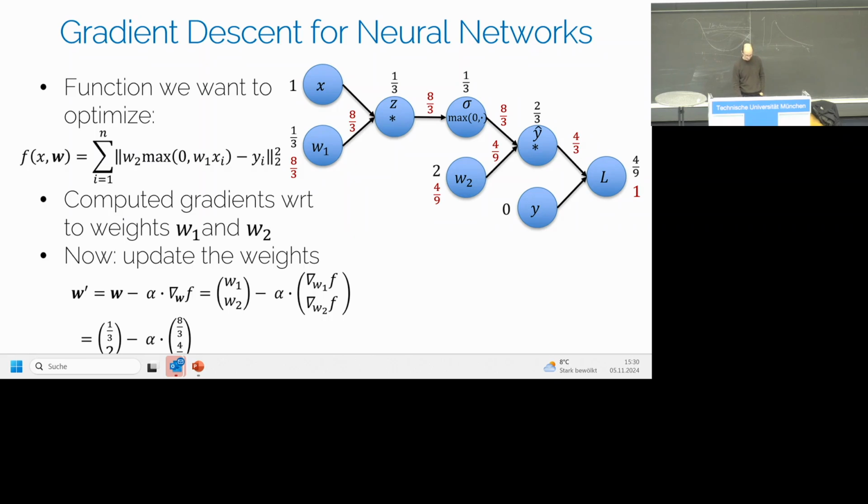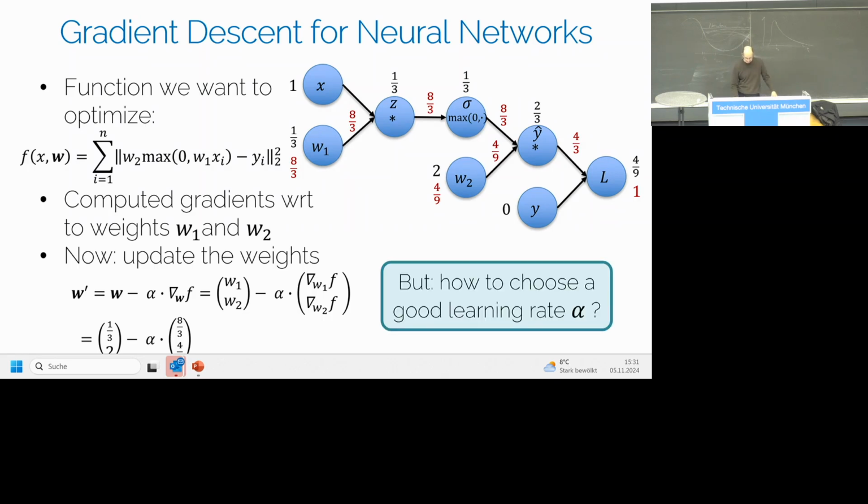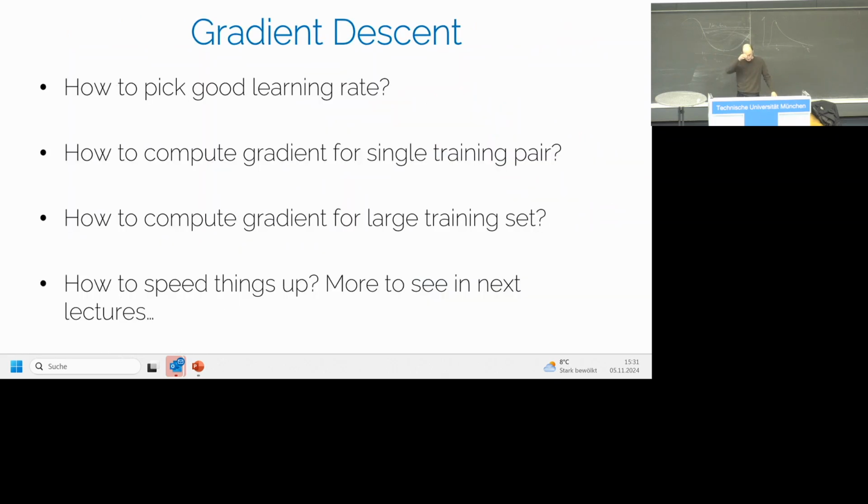For example, 8/3 and 4/9 were the two partial derivatives that we ended up with here, which are stored here. And these I plug into the gradient vector, and I update the old set of weights and get the new set of weights, and then I iterate. But how do we choose a learning rate? It's tricky. It's not easy.